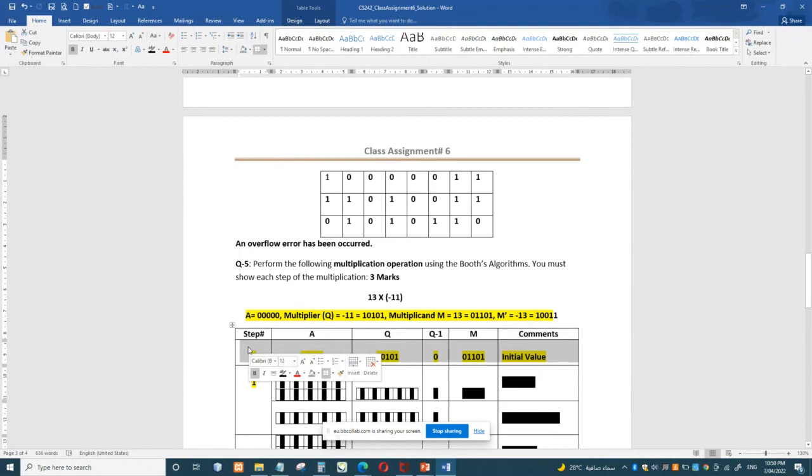Is there any problem? Do I need to remind you what we need to do in every iteration?